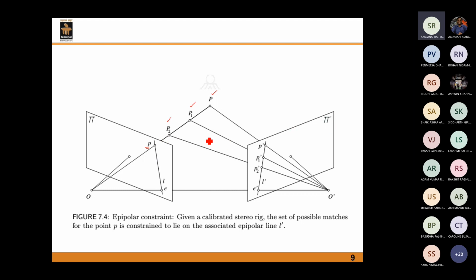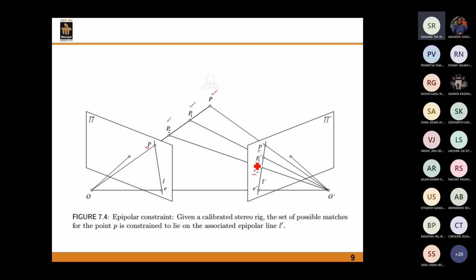Now, for each of these 3D world point estimates that we have obtained, if we project a line through O dash, we get P1 dash here, P2 dash here, and small p dash here.